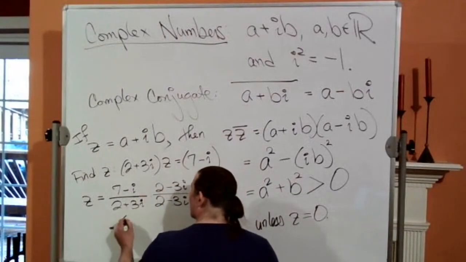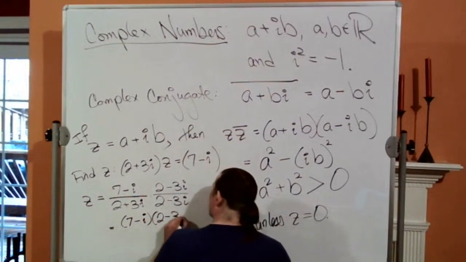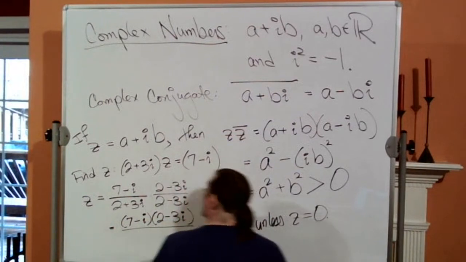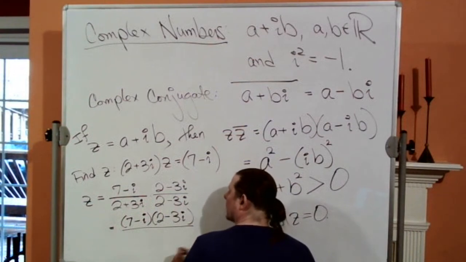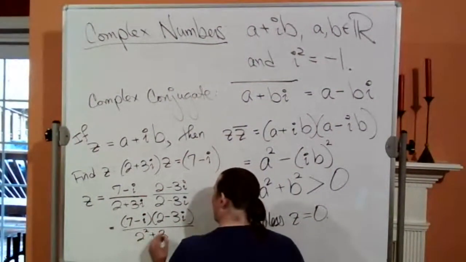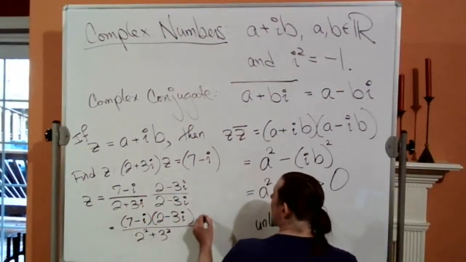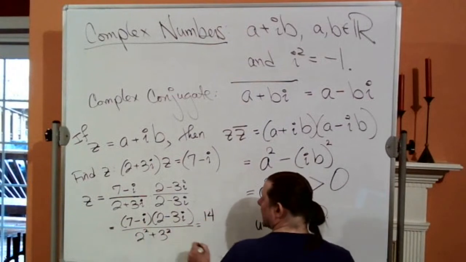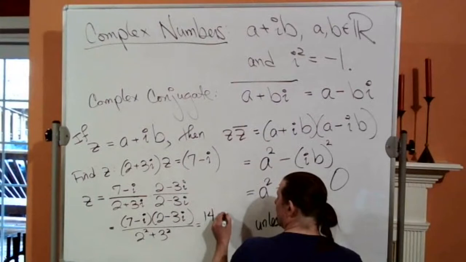When we do this, the numerator, of course, will be able to complete by FOIL, but the denominator will simply be the non-negative real number, 2 squared plus 3 squared. Okay, and so then that gives us 14 minus 2i minus 21i.